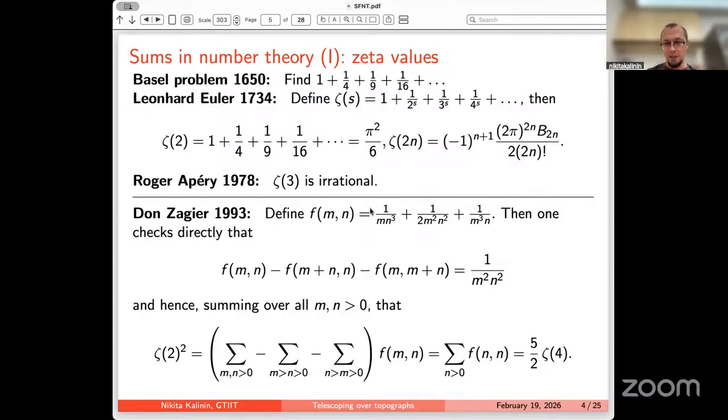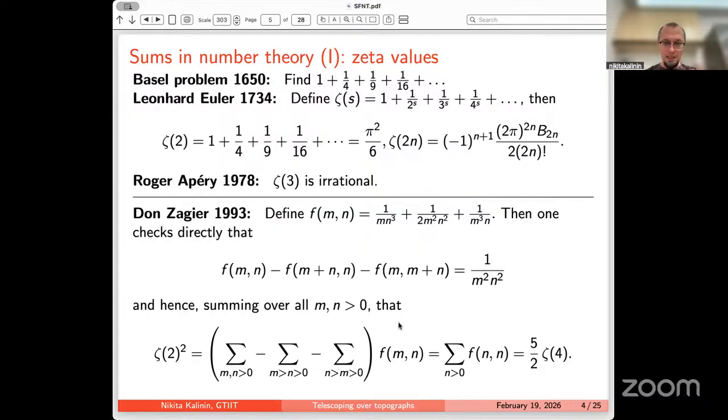That's some computations. So let's define a function f, which is this rational function of m and n, and then one can check that such a difference sum is just 1 over m squared n squared. That's an explicit computation. I mean, you just compute it.